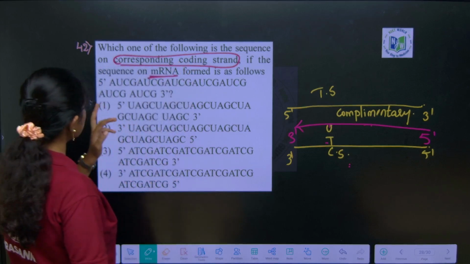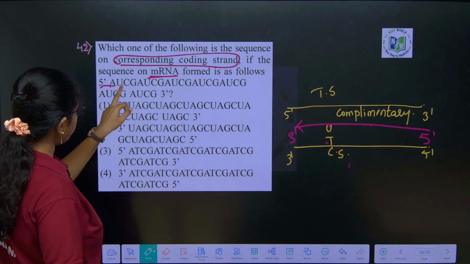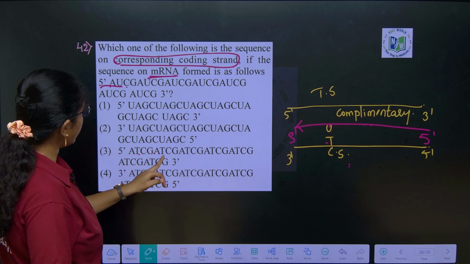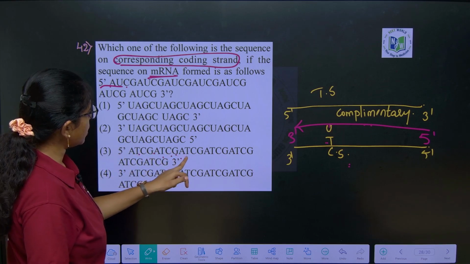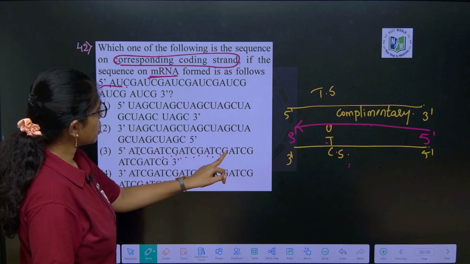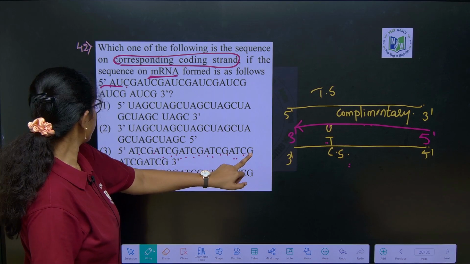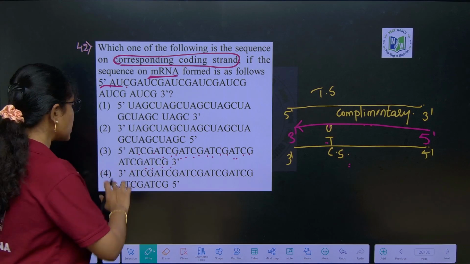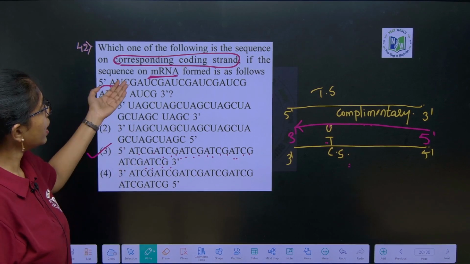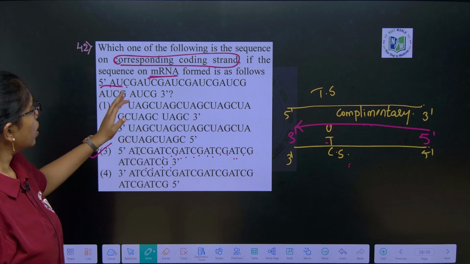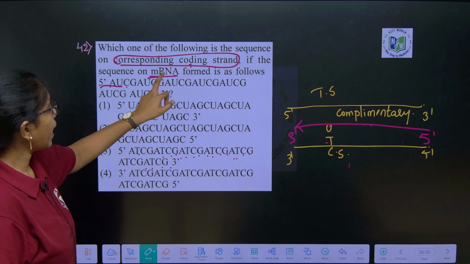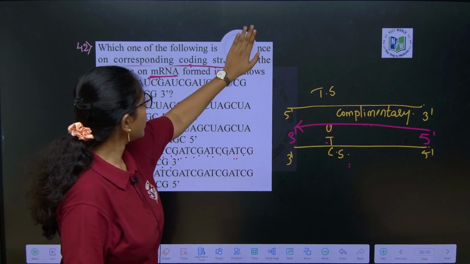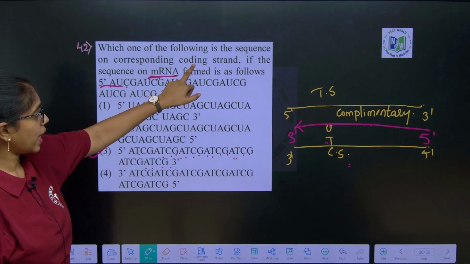Same you apply here. If you see AUC at 5 prime, ATC, next GAT, CGAT, CG. So what will be your correct answer? Option 3. The mRNA will be same as that of the coding strand.